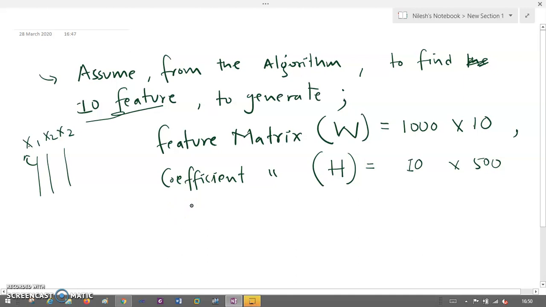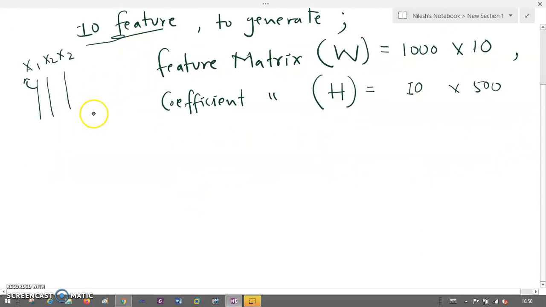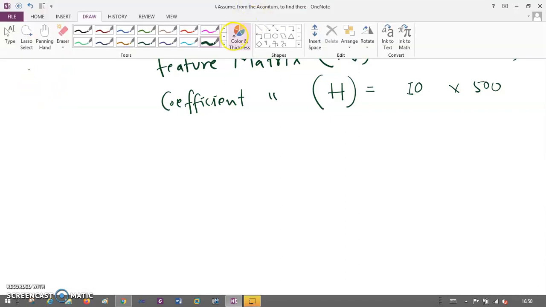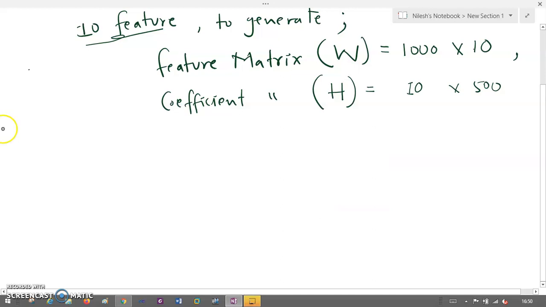Now if you analyze this a little bit, my V, capital V, as I told you, is an M cross N matrix, and more precisely it is 1000 cross 500.